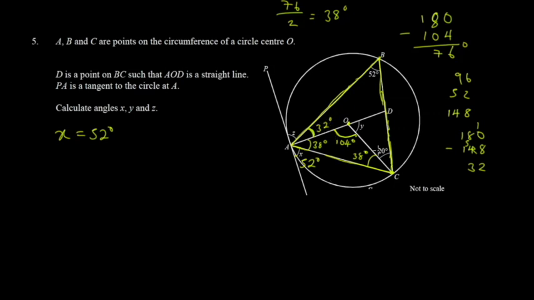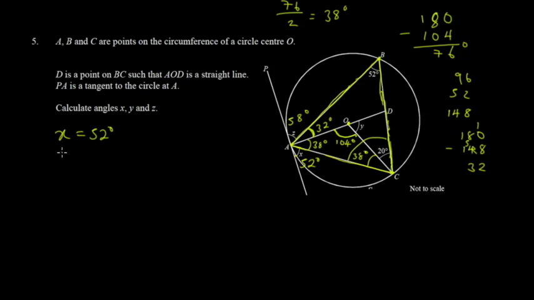Once you have 32 degrees, by the way, we already know the value of z now, because we said z is equal to this angle here, the opposite interior angle. We have this tangent, and this triangle is the triangle that's concerned, the triangle that has all its legs at the circumference. So this angle must be equal to the opposite interior angle. So 38 plus 20, you should actually get 58 here.